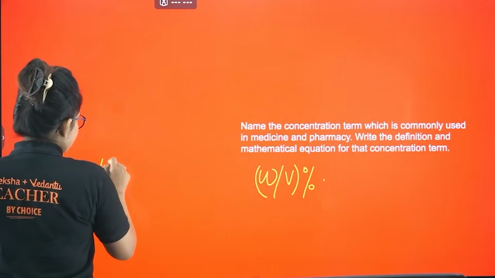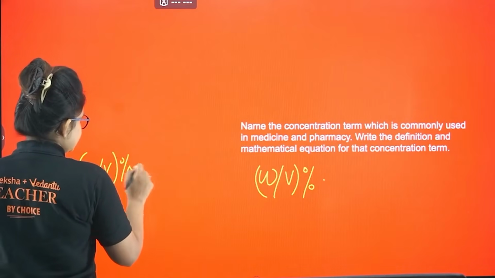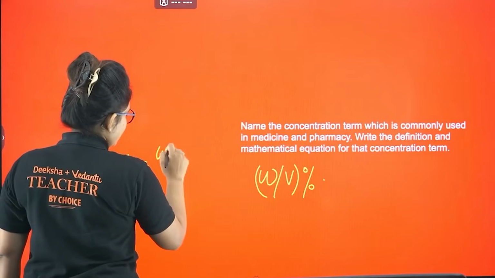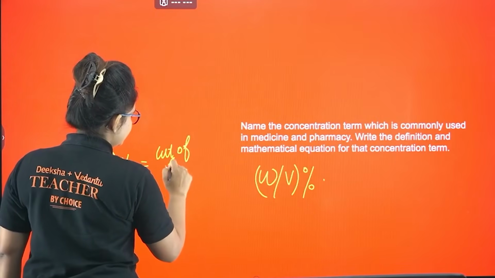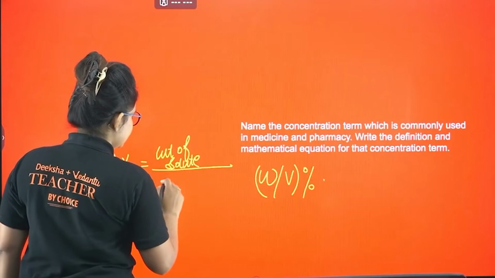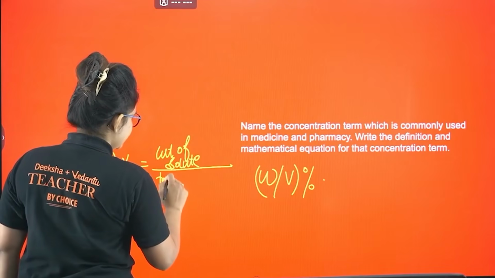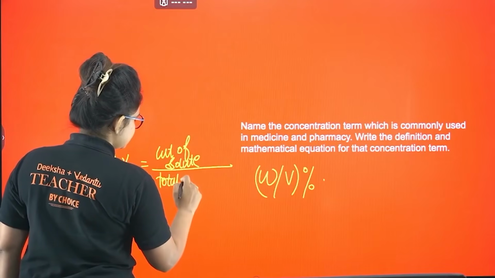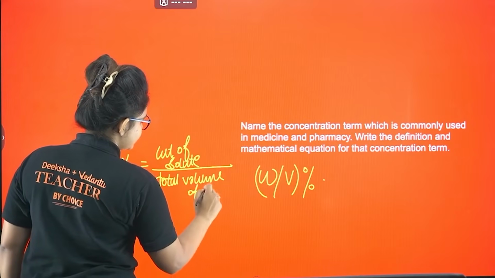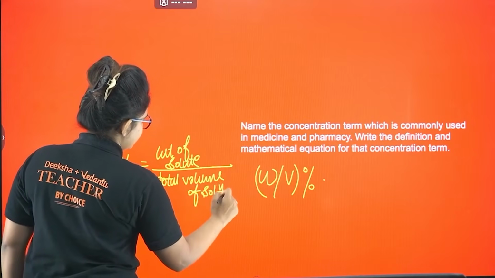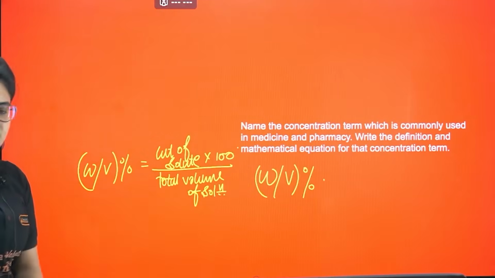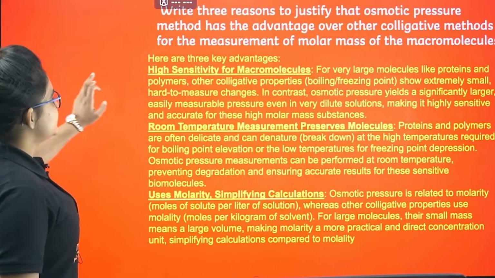Weight by volume percentage can be defined as weight of solute present in total volume of solution into 100. Okay, that's it. I guess it's clear. Let's proceed further.